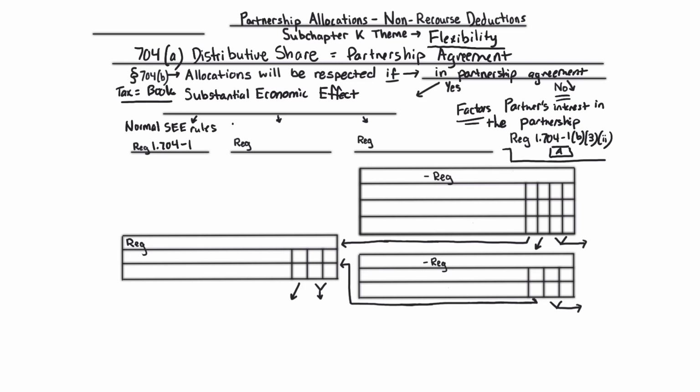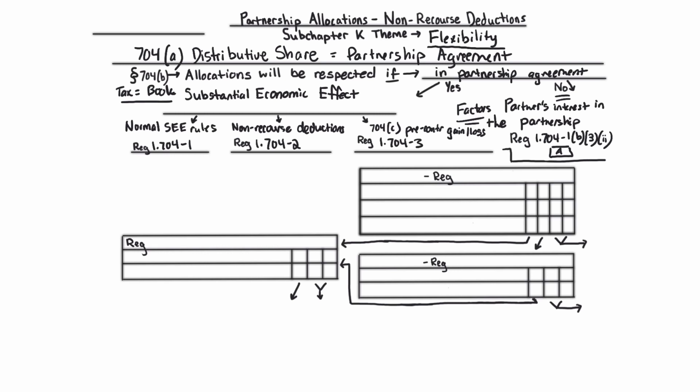The second, and what we're going to focus on in this presentation, is non-recourse deductions. And I'll explain what those are in a few minutes. And this is found in Reg 1.704-2. The final one is what we call 704(c), pre-contribution gain or loss. And that's found in Reg 1.704-3.